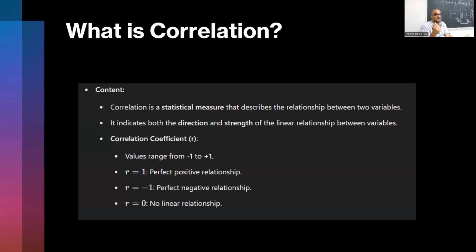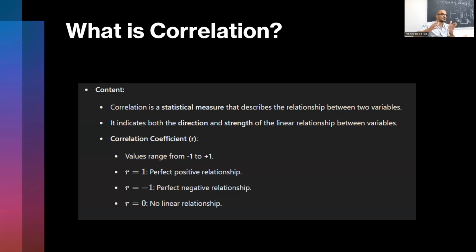But correlation is between 0 and 1, or between -1 and 0, which means that the range of the correlation is very limited. If the correlation between two variables is 0, it means that they do not have any dependency on each other.